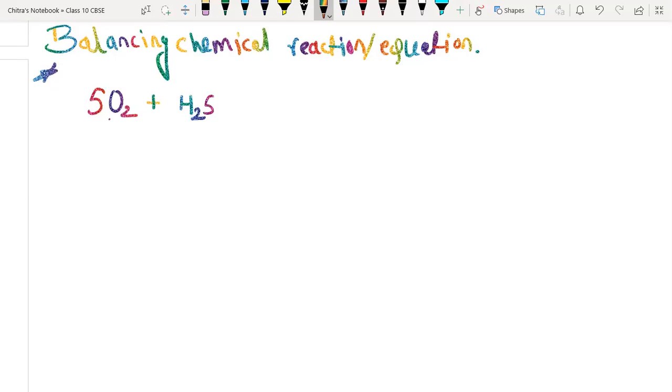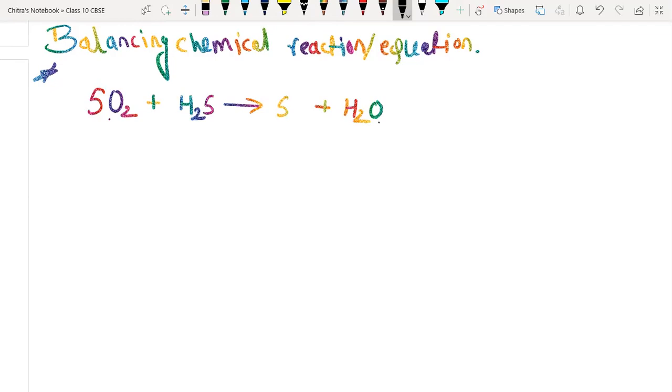They form sulfur and water, H2O. This is the chemical reaction we have to balance. It is not balanced now. Here we have only one oxygen atom on the product side, but on the reactant side we have two, meaning the reaction is not balanced, is it? So we have to balance this chemical equation.